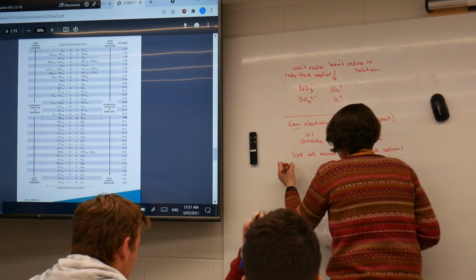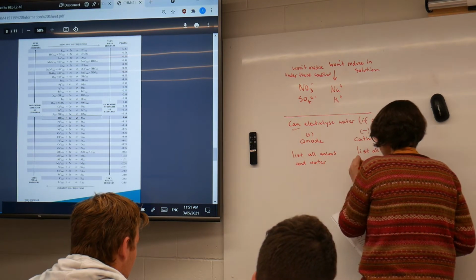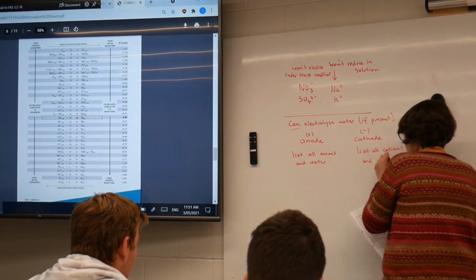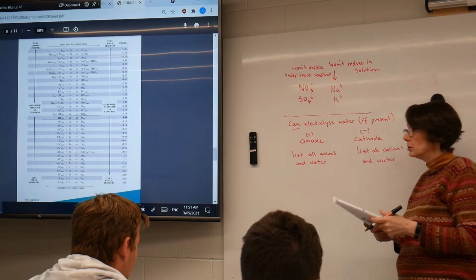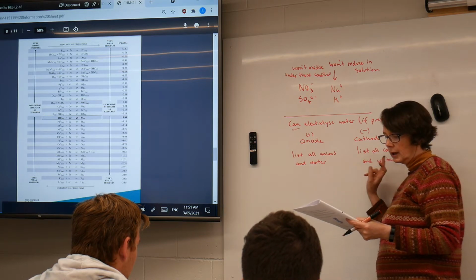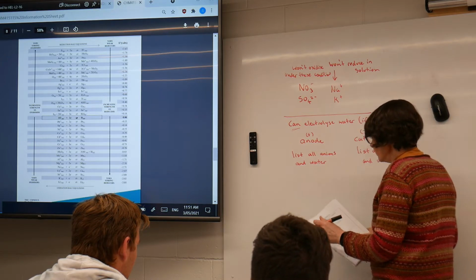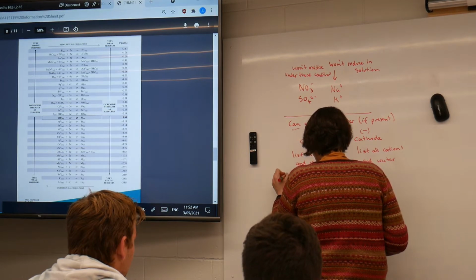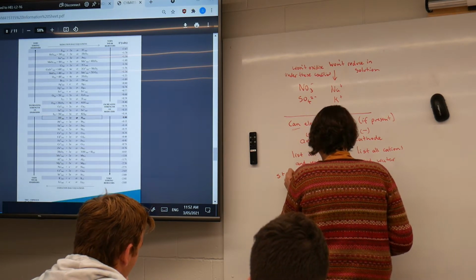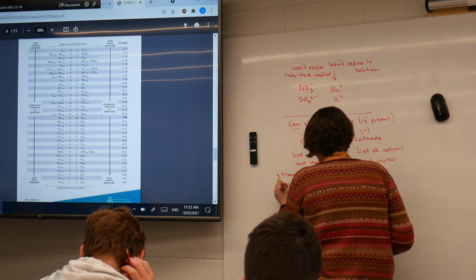And we add water for both, if it's in solution. Obviously if it's molten, then there's no water present, but not just the anions and the cations, you need to also remember that water is there possibly reacting. And the strongest reducer oxidizes first.